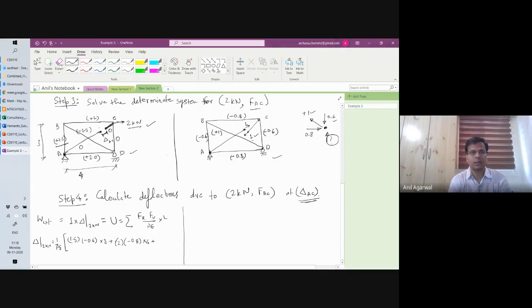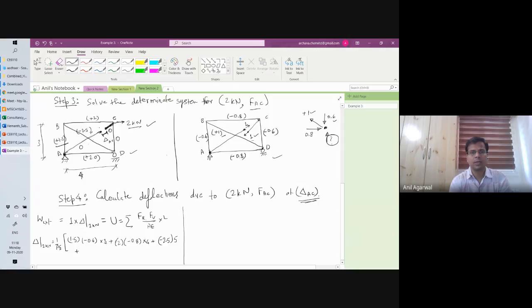The other diagonal has minus 2.5 and plus 1. Okay, so this one has 1 here. This one was minus 2.5, so multiplied by 1, multiplied by 5. Okay. Plus, member CD has 0 force, so no contribution. So member AC and CD won't contribute.